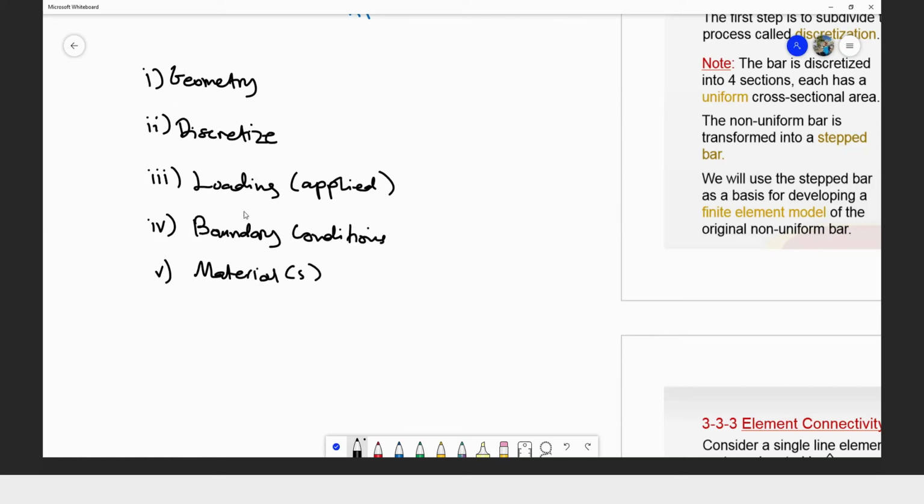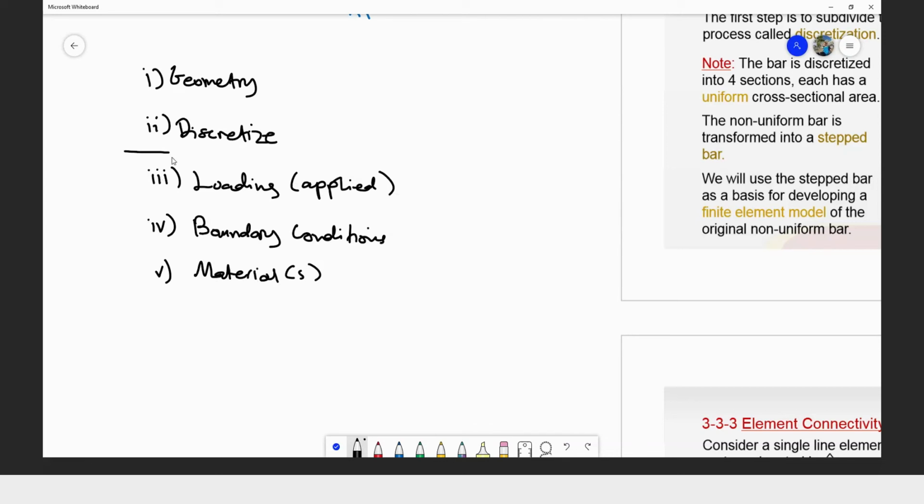And then when we have all of this, actually this must be from top to down. First we need to have geometry, we need to discretize, but from step number 3, 4 and 5, we do not need to follow this step from top to down. So this material can be in number 3, boundary number 4, loading number 5. So the order is not strictly applied lah dekat sini.